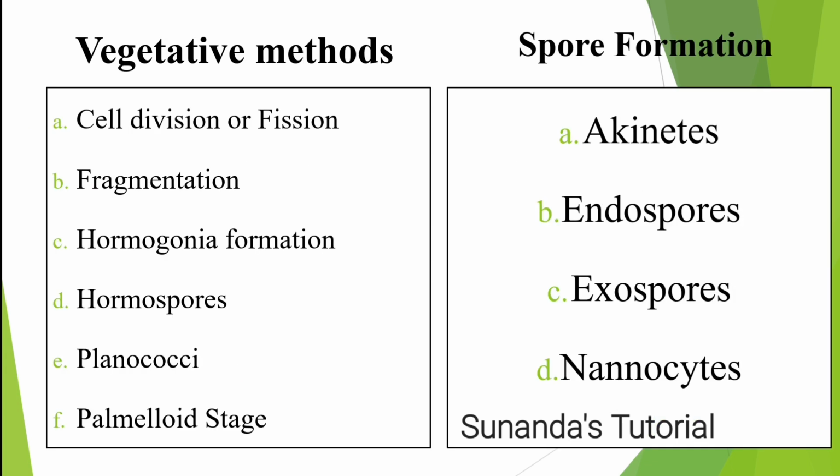Next, there are some vegetative methods. Some cyanobacteria produce spores. Actually, in some books these methods are written as vegetative methods, but in some books there are two separate sections, like vegetative method and spore formation. But all of them actually come under the vegetative method.